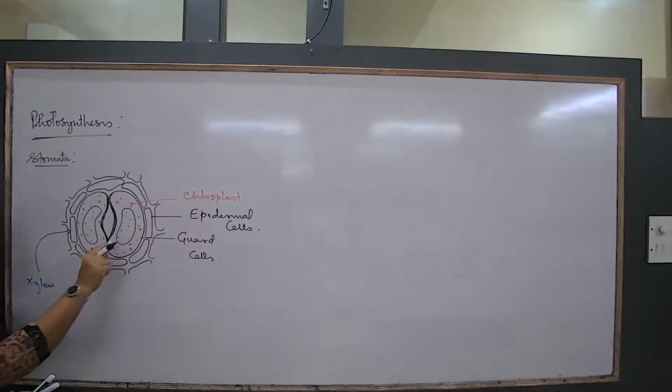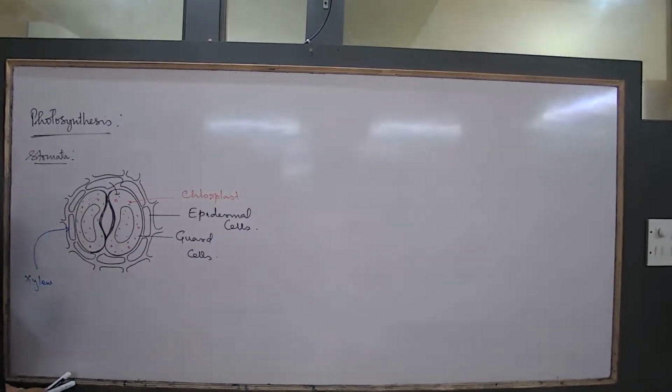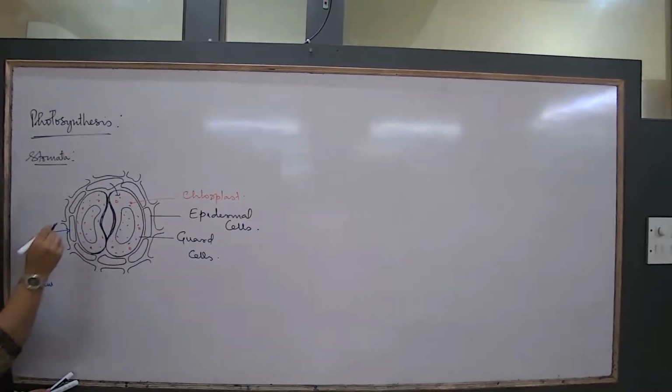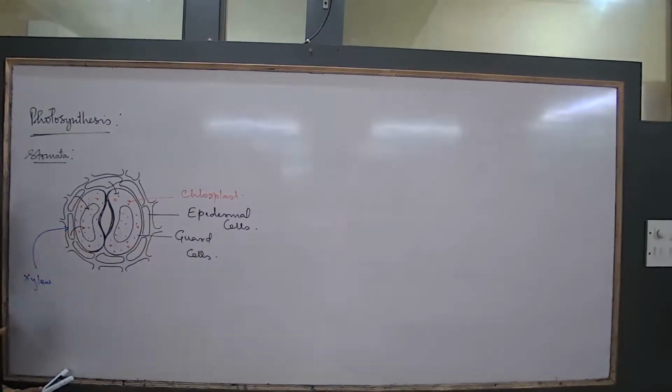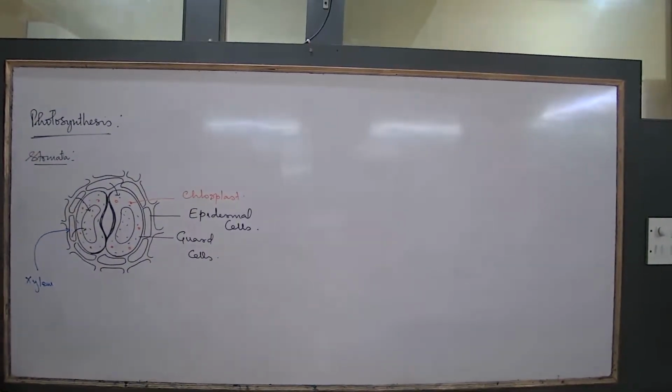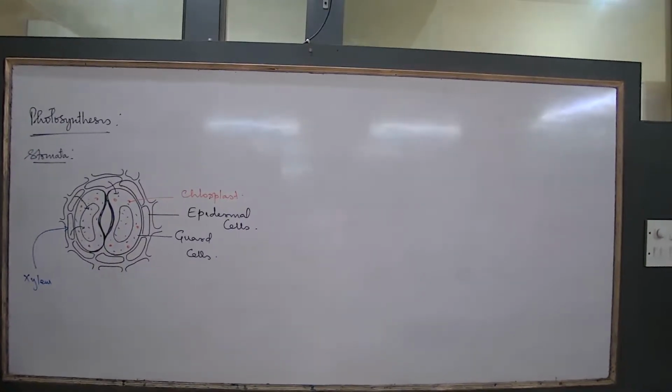So the guard cell will always have a tendency of absorbing water from the surrounding cells. What will we call this process? When a cell is absorbing water, endosmosis. Endosmosis.